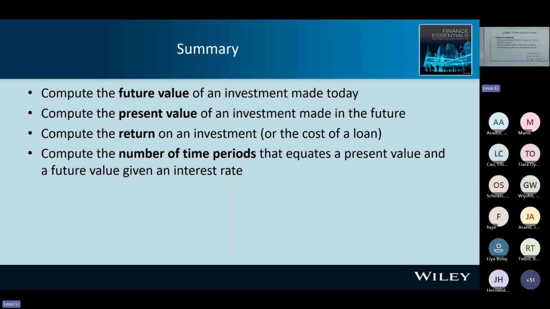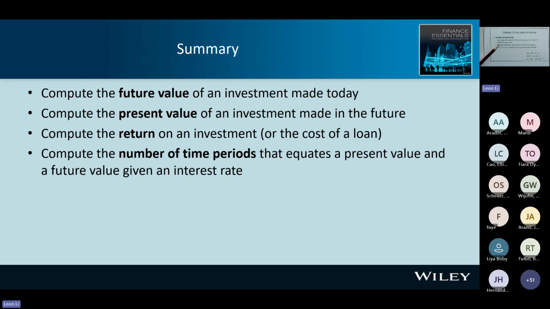When I see a number of periods, the idea is how long will it take for PV to grow to FV, all right? PV is the earlier money, FV is the later money. So number of period is about how long, right? I can use the NPER formula to do the calculation.